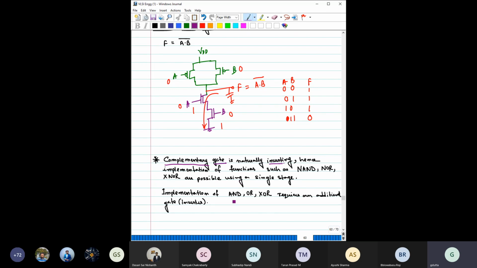Suppose if you want to design an AND gate, OR gate or XOR gate using a single stage, then that is not possible. You have to use an additional gate, meaning an additional inverter. So if you want to design an AND gate, you first design a NAND gate, then use an inverter to make an AND gate. This is because this CMOS implementation is naturally inverting type.